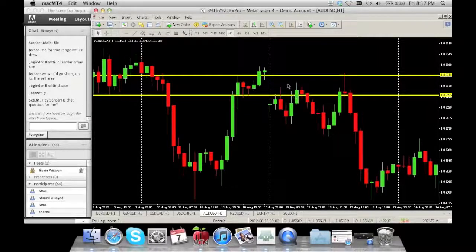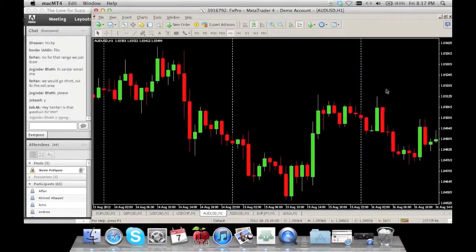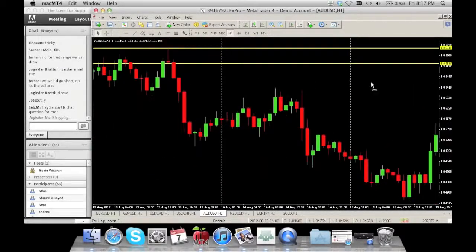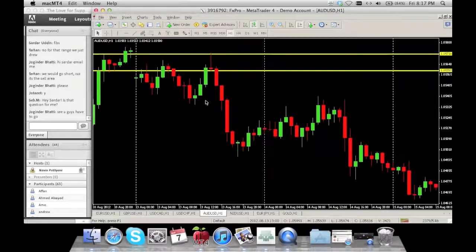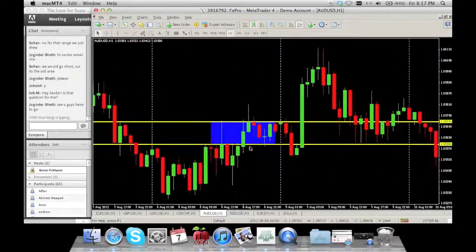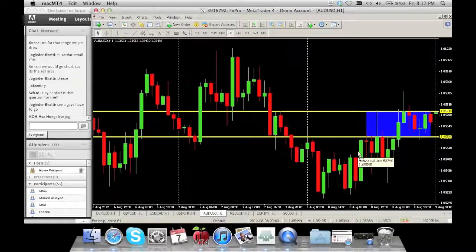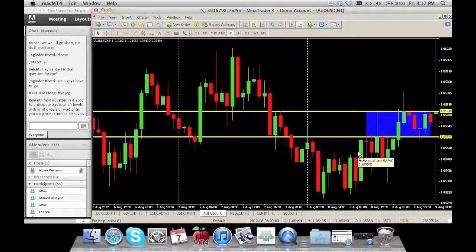So it's been support and resistance this whole range, again and again. This is one of the best examples, where the body and the tail have been contained. Everyone good with the ranges so far? Everyone understanding the concept of a range?